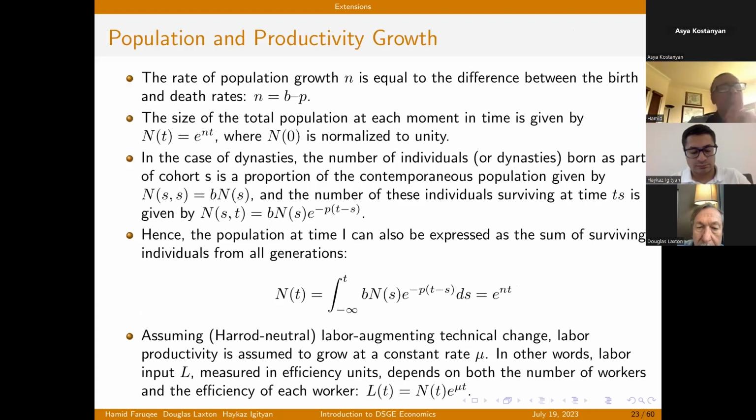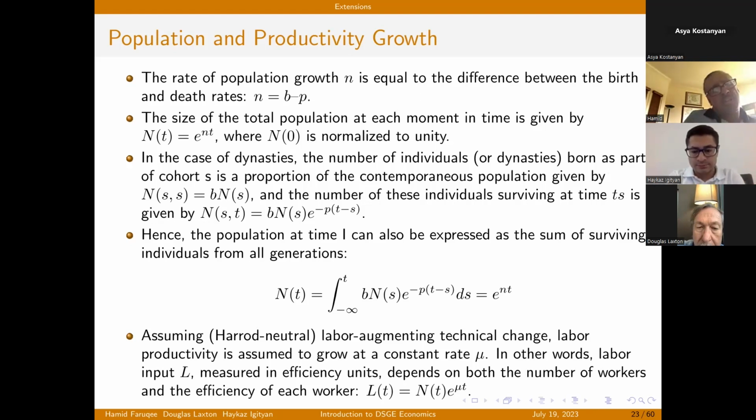When we talk about extensions of the model, I've been assuming throughout the discussion today a stationary or constant population that was normalized to unity, but the model is rich enough that you can actually introduce population change, population growth. You can have differences between the birth rate and the death rate, and call that N, that gap between B minus P. We've been assuming that B and P were the same, and N was 0 and B equaled P. But you could relax that assumption, and that allows for changes in population growth.